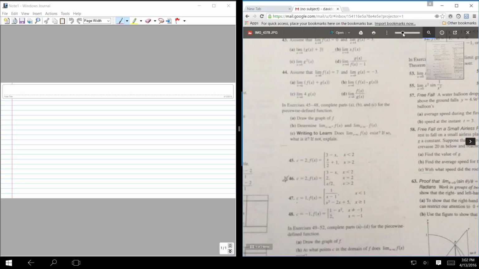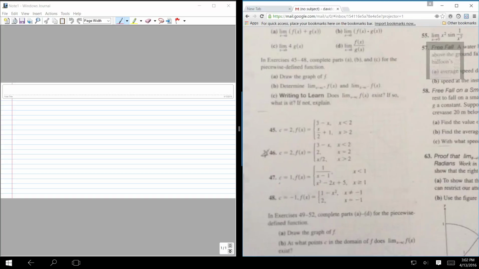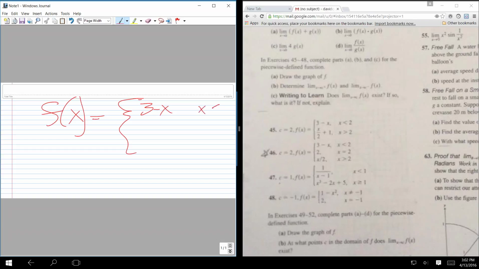Perfect. So it's the piecewise ones, starting at 45. Here's what we have: f of x equals 3 minus x when x is less than 2, and x over 2 plus 1 when x is greater than 2.